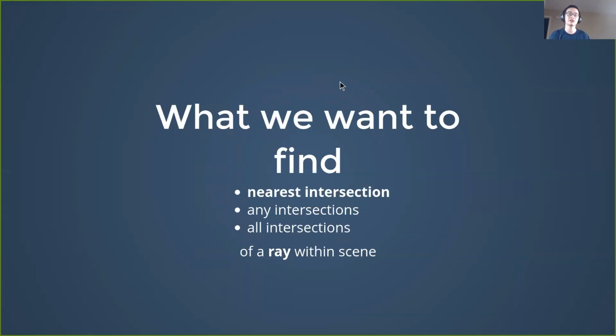The terminology here is different from the RTX any hit shader, which is actually all intersections in the paper's terminology. So all intersections means we need to find all of the intersections instead of just one, and that's also how the any hit shader gets invoked. It is when we just invoke it on all the intersections.